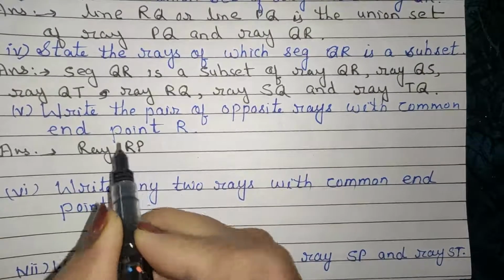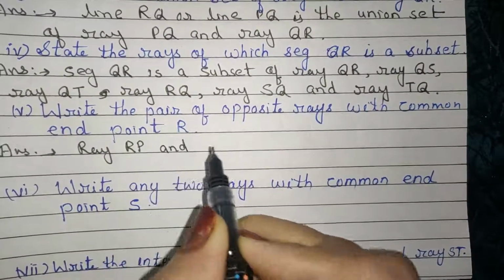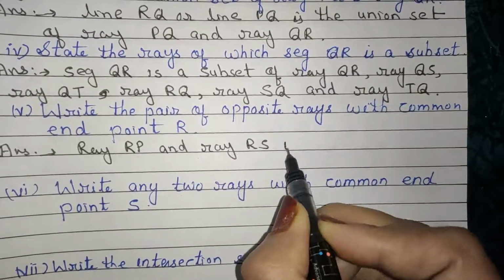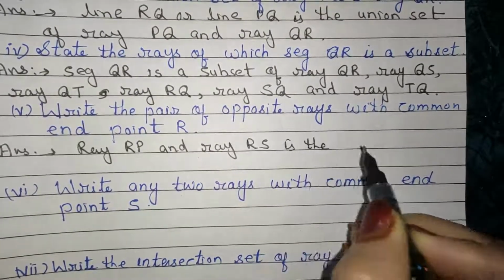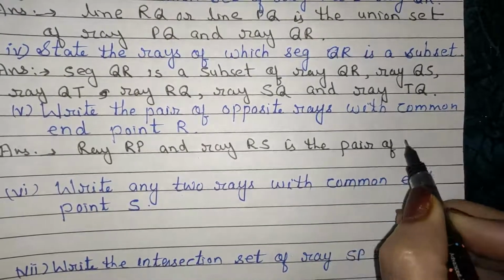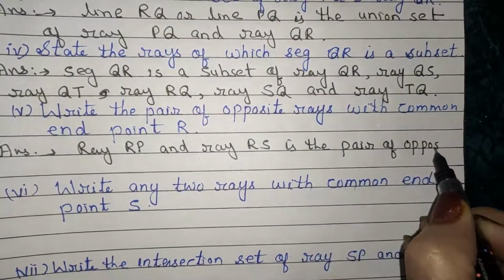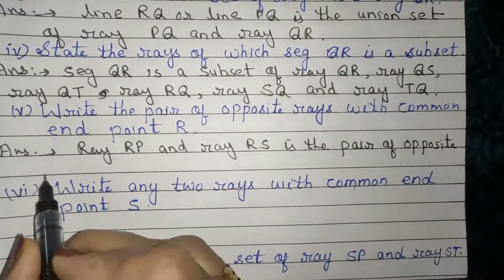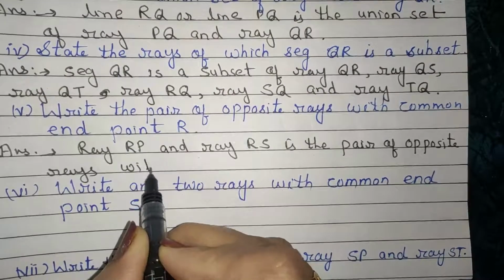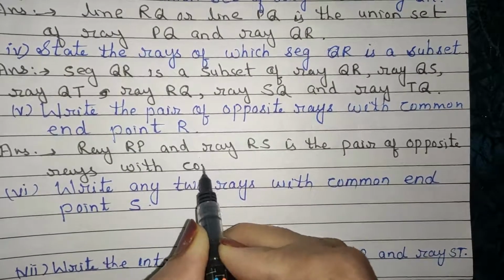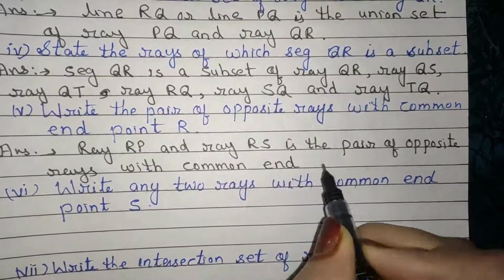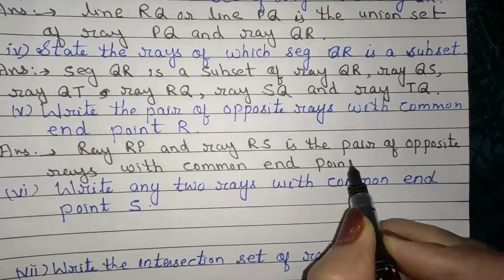Ray RP and ray RS is the pair of opposite rays with common endpoint R.